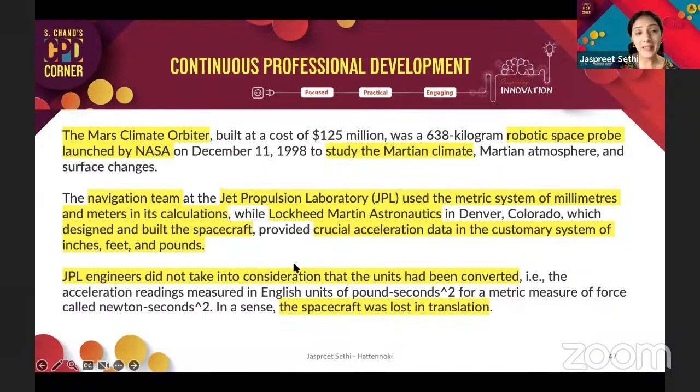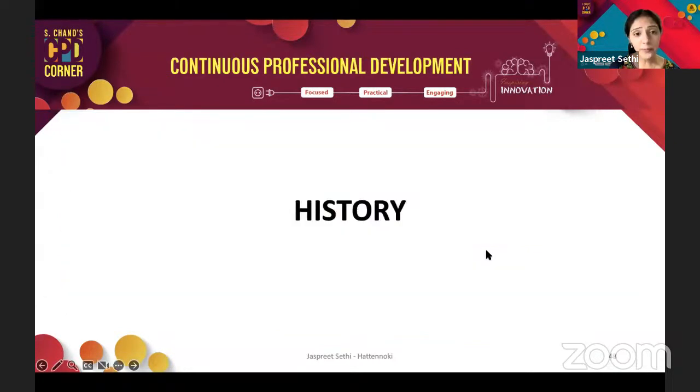And in a sense, for some time, the spacecraft was lost in translation due to this conversion error, and the time lapse it took for the people on the team to actually figure out the difference between the metric and customary systems. So real, very real. And maybe for our high schoolers, these math fails would appeal more.